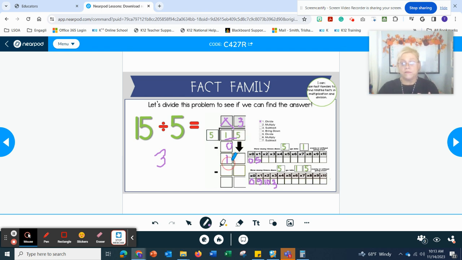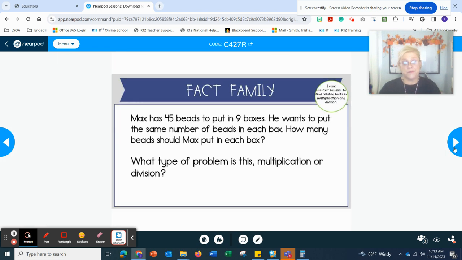So you bring down your 15, you put your 15 right here. 5 minus 5 is 0. 1 minus 1 is 0. And that's how you subtract, just to show it's 0. I'm being a bad teacher.